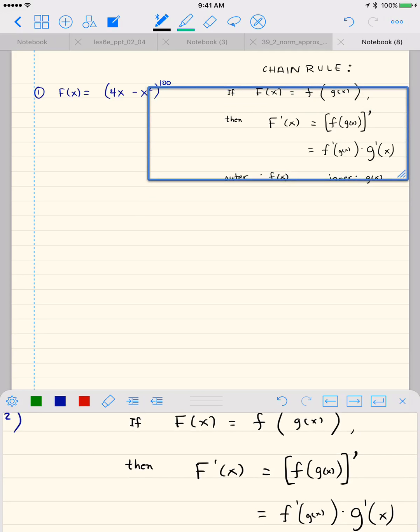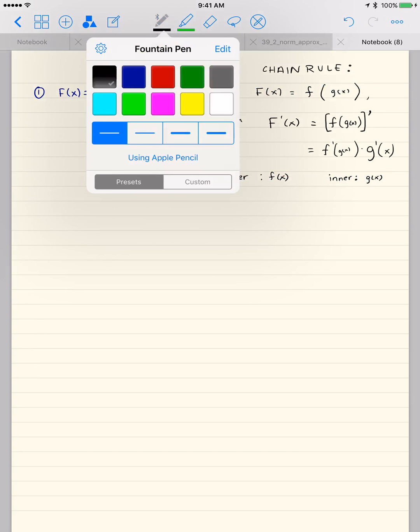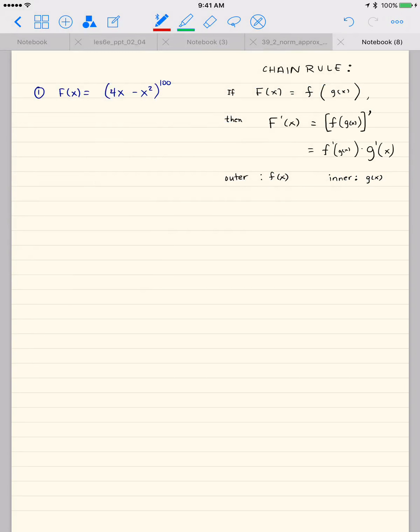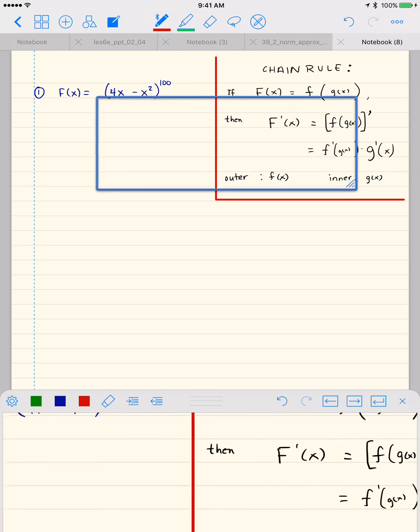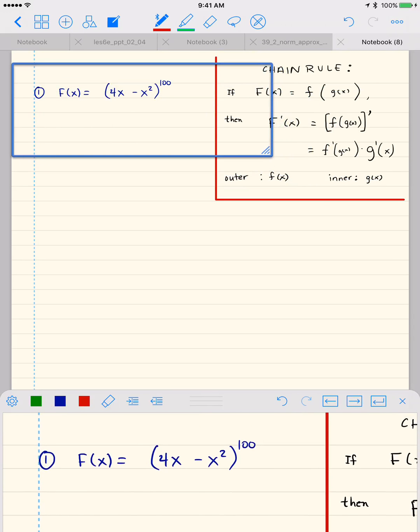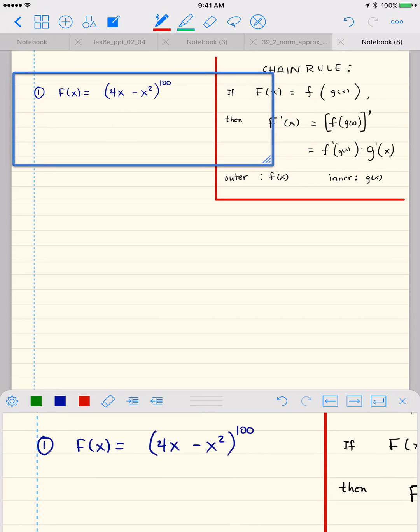So I'm going to essentially try to follow this. Oh, okay, that didn't go well. I'm going to try to follow this when I'm doing all the problems here. There we go. Okay. So my first goal here is I've got to figure out my outer function and my inner function.